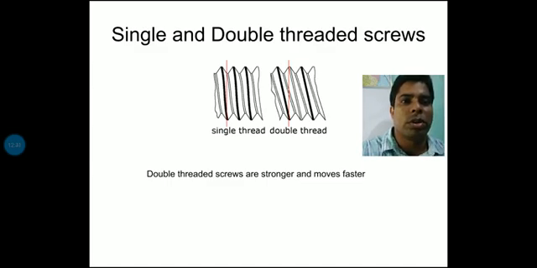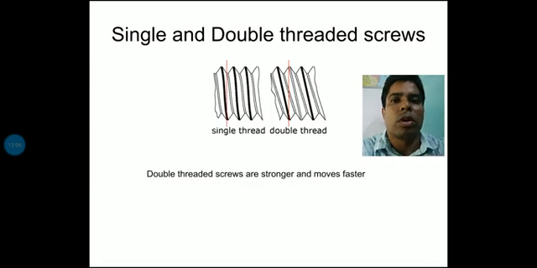The double threaded screw is stronger and moves faster, because more torque is required to open and close the thread position. So that is the single and double threaded screw.